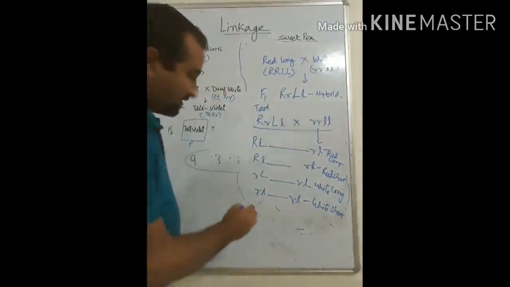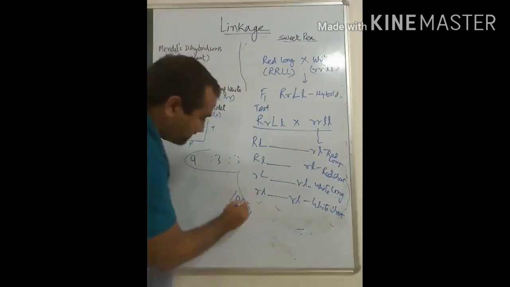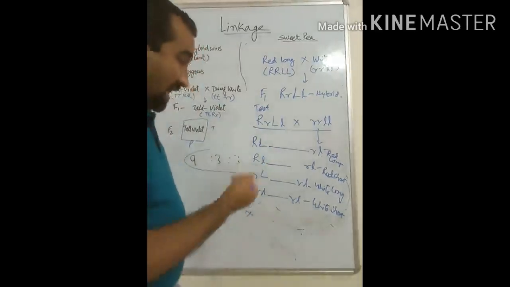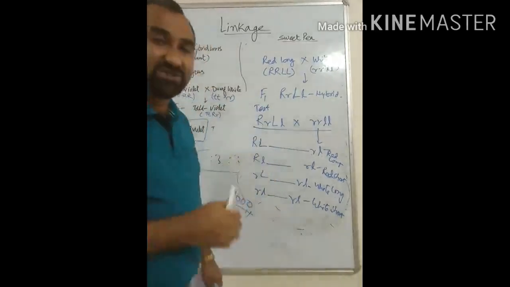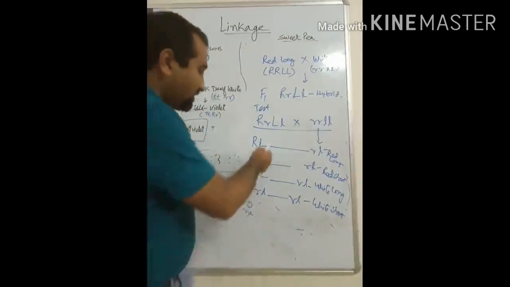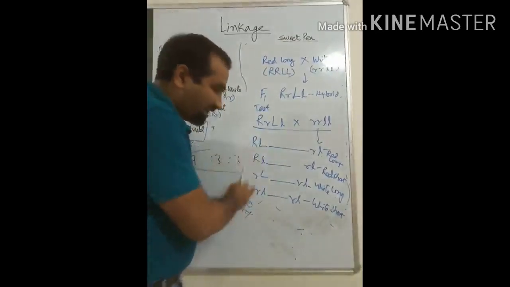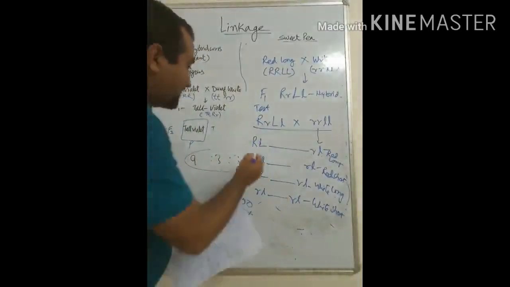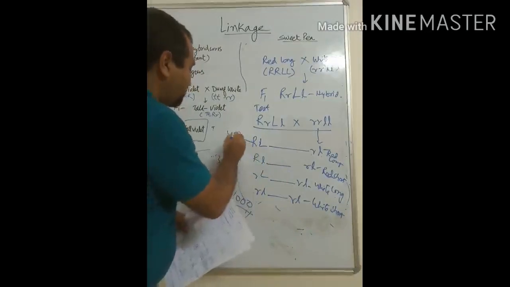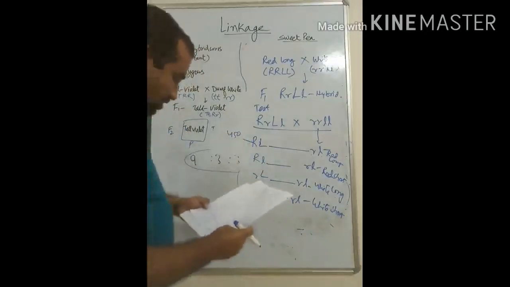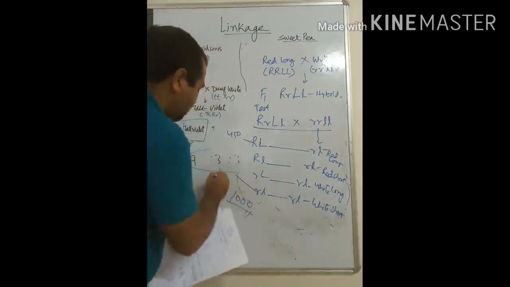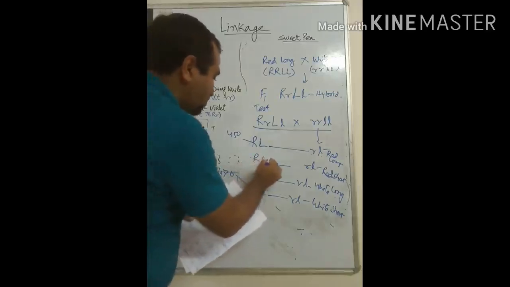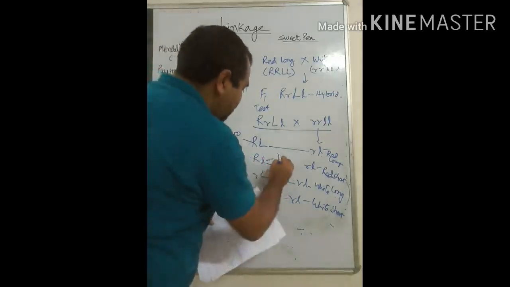But out of the total 1000 plants observed by Bateson and Punnett in the test cross, if both R and L genes were independently assorting, then there should be 250 plants of each phenotype. But what they observed was that red and long plants are 450, white and short plants are 470, and red and short are 42 plants.